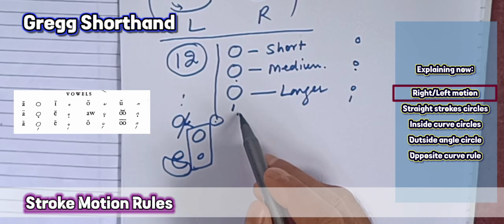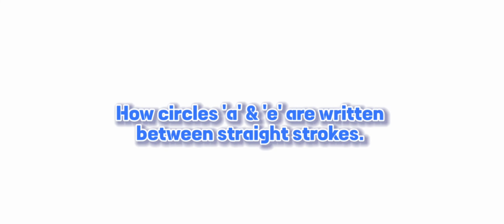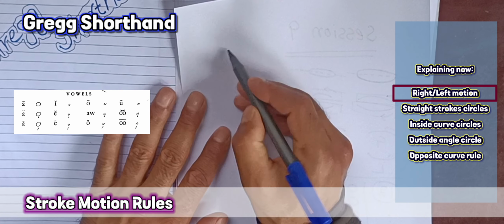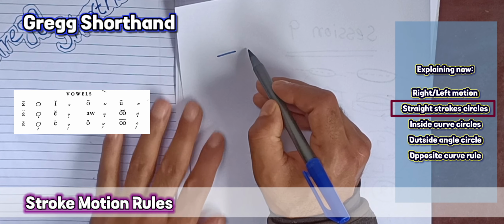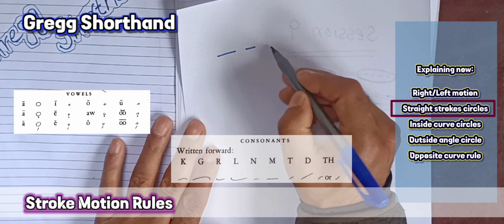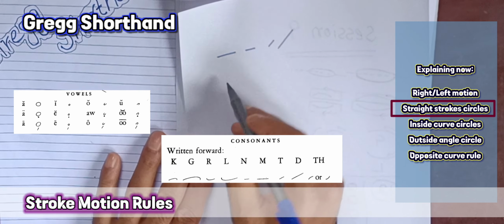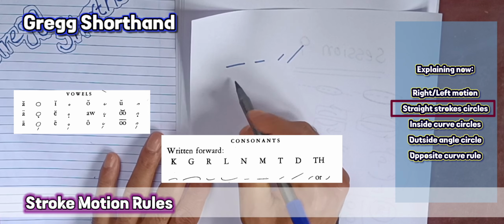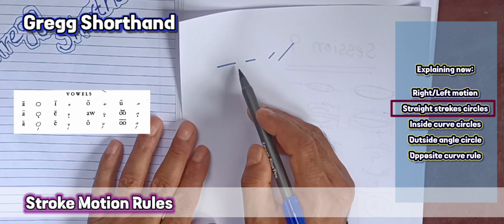Now, the first rule is how circles are written between straight strokes. For example, this is M, this is N, this is T, and this is D. How do circles behave with these strokes?